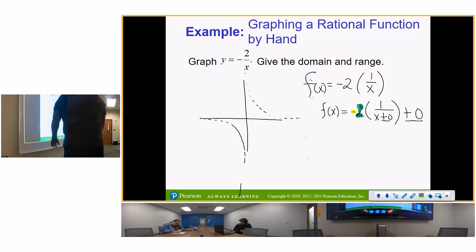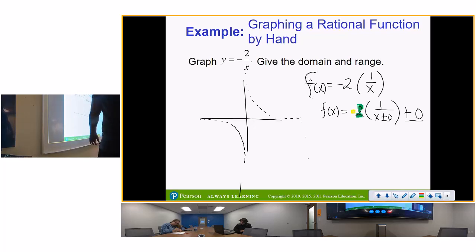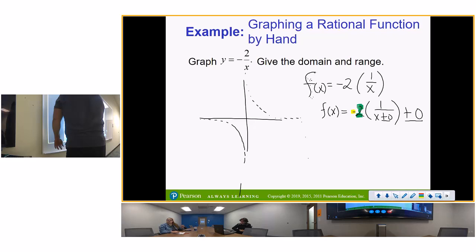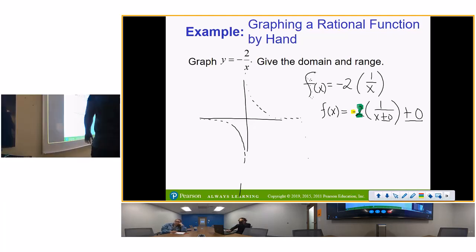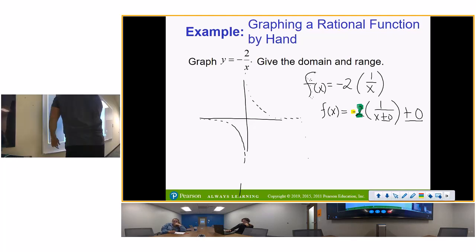So what does the negative tell us? It goes the opposite direction. So now the volcano is going to be on this side and over here. And what does the 2 tell us? It's going to be compressed along the x-axis and stretched along the y-axis. So it's not going to look like this. It's going to look a whole lot skinnier.